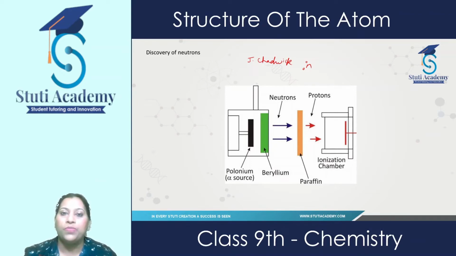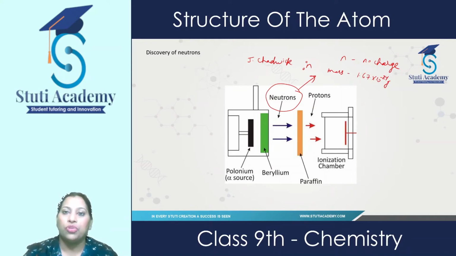And then he observed some particles emerging which were carrying no charge, and they were neutrons. It means neutrons don't carry any charge. No charge is present on the neutrons, but the mass of neutron is similar to that of the proton. They both have the same mass. This is how neutrons were discovered.